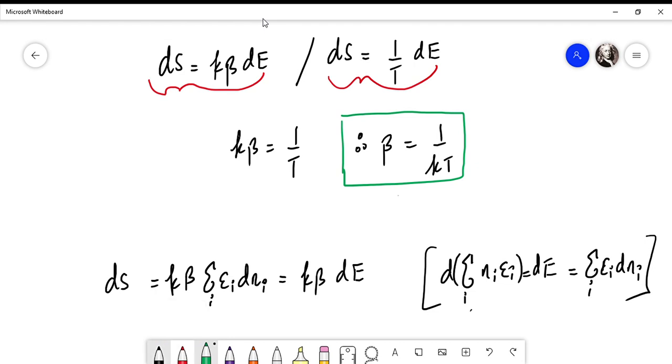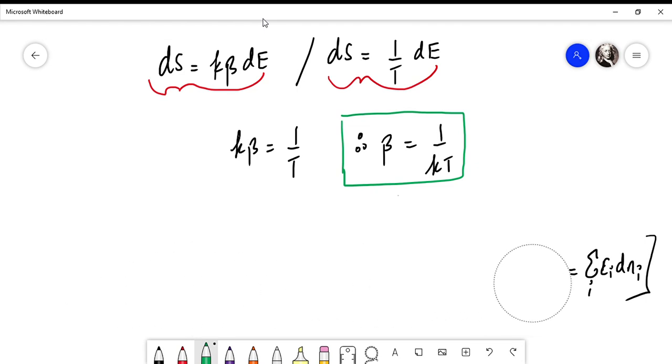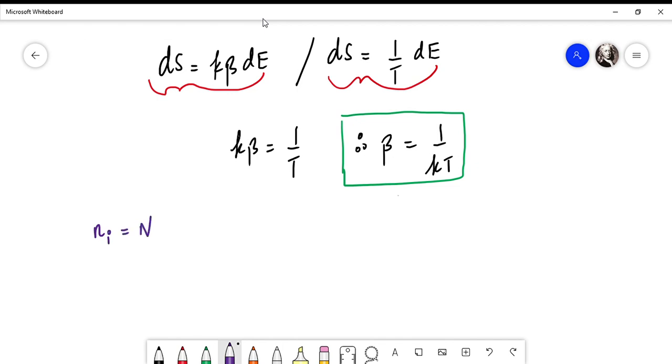So now let's rewrite the Boltzmann's distribution formula and check out what we can have. So ni is basically n times e to the minus alpha dot e to the minus ei over kt, right? Because now beta is 1 over kt. We also have the value of e to the minus alpha, right?